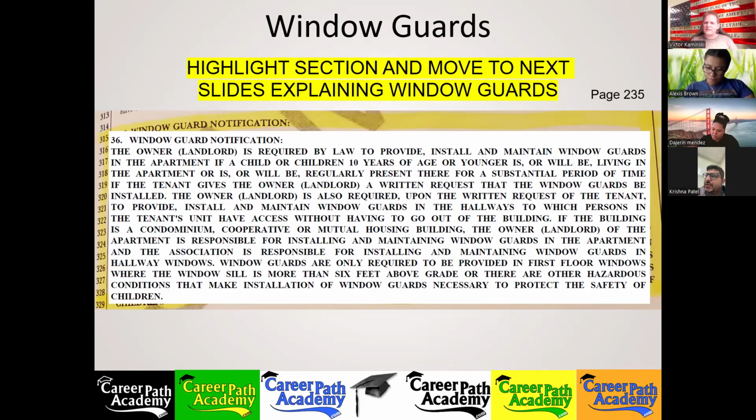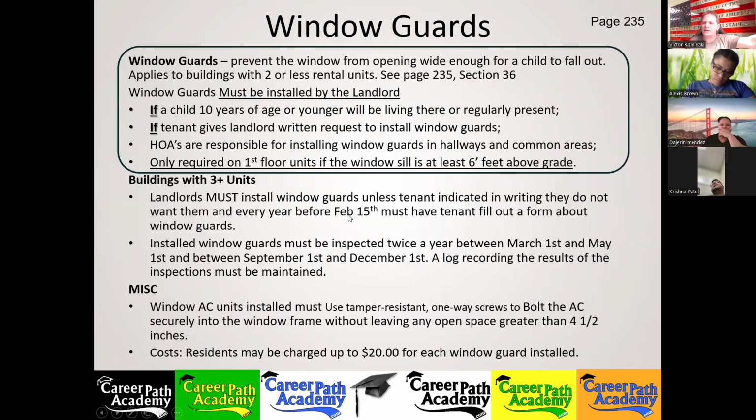So they must have deleted a paragraph about window guards many versions ago, because this is something that's definitely on exams. All right, so put a highlighted box around that section 36 of the lease, and then the next slide, we'll go over what it is.